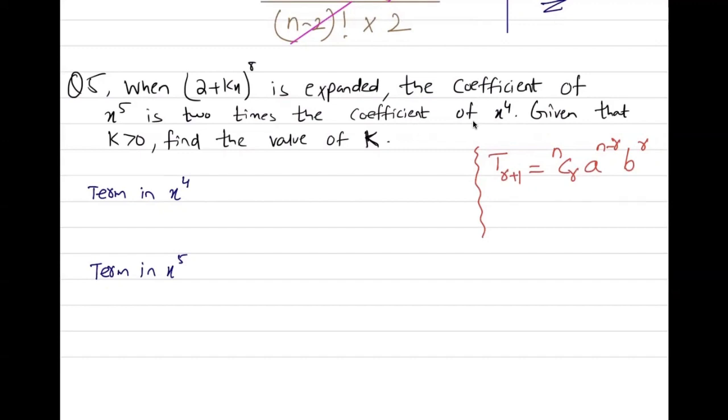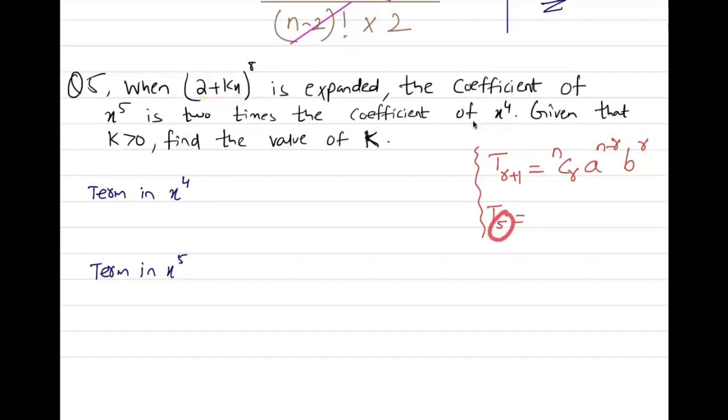Now let me explain this. I just want the term in x to the power of 4. So the term in x to the power of 4 is basically the fifth term, and that is going to be when r is 4. Because you have a linear expression inside, the term in x to the power of 4 is going to occur at the 5th position.